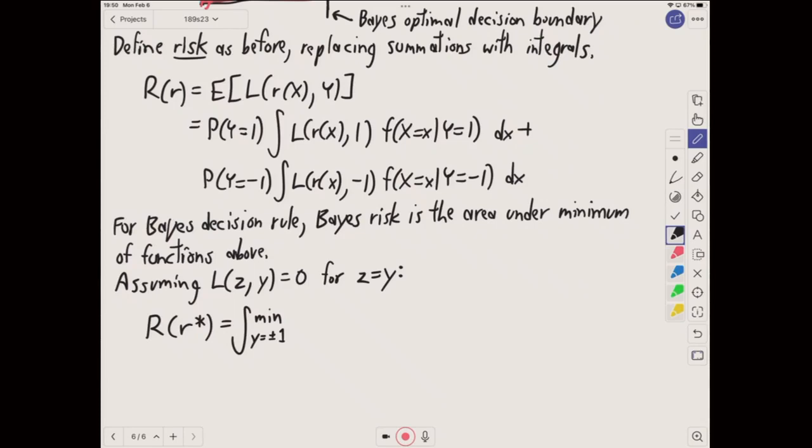And for every single one of those infinite number of points, we're going to choose the y, either equal to 1 or equal to -1, that minimizes this expression. So that's going to be the Bayes risk for the continuous problem.